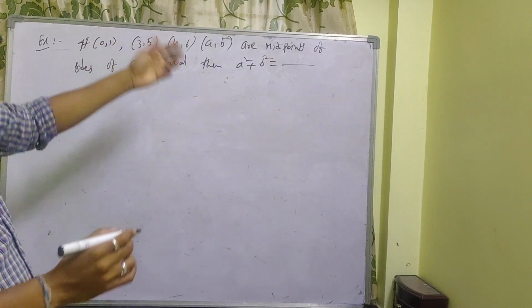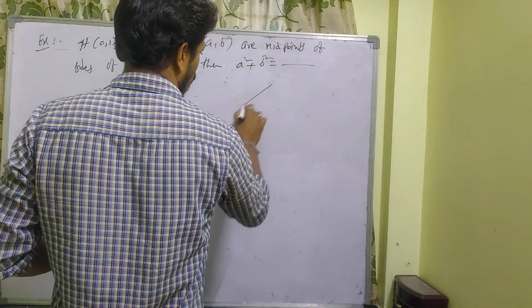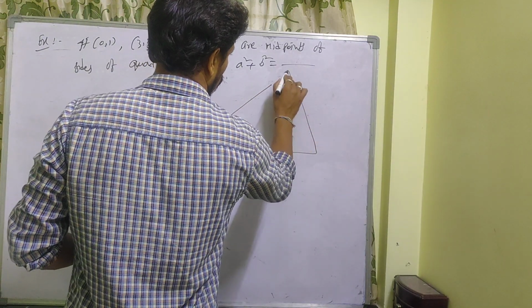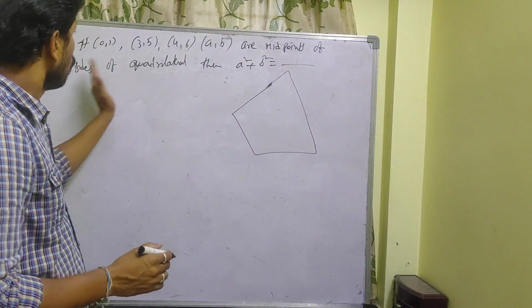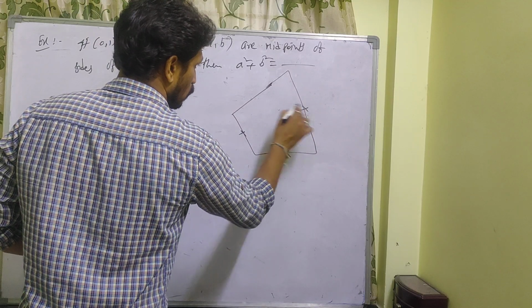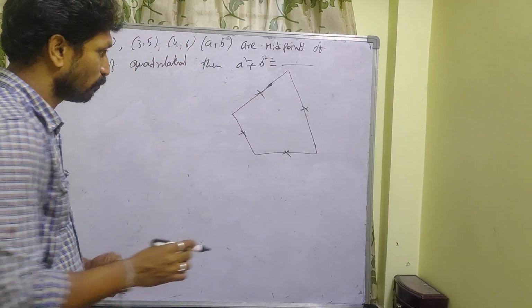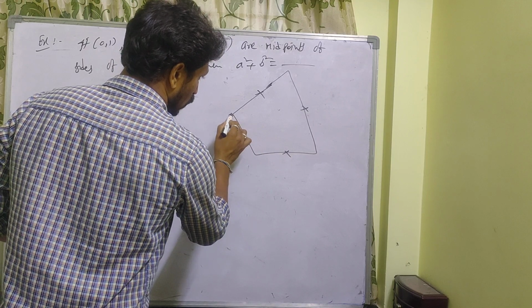Actually, before doing this problem, just remember one thing. Let us take any quadrilateral, whatever it may be. If you join the midpoints, this is one midpoint, this is one midpoint, this is one midpoint. Let us take this one triangle.